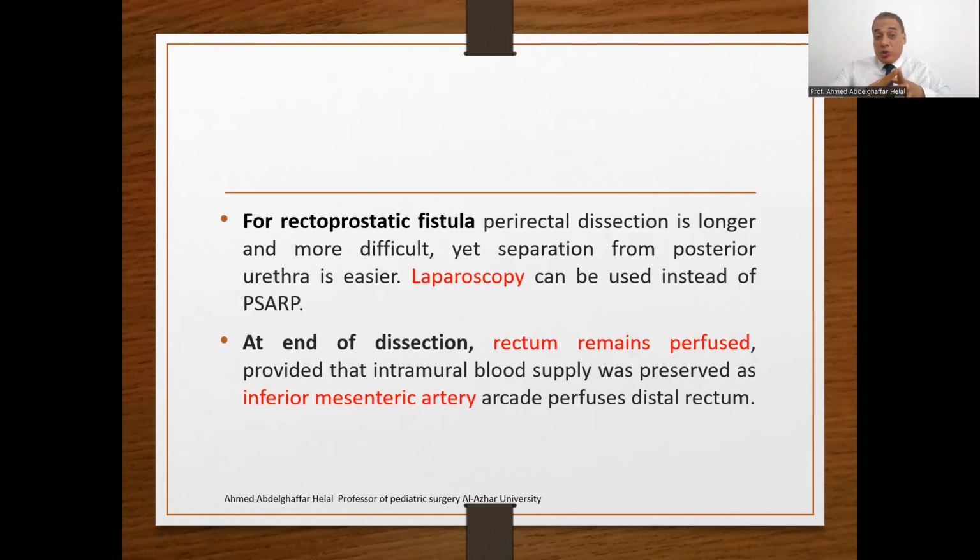The perirectal dissection is longer in such cases of rectoprostatic fistula, and laparoscopy will be very helpful. At the end of the dissection, the rectum will remain perfused because it depends on the intramural blood supply from the inferior mesenteric artery.